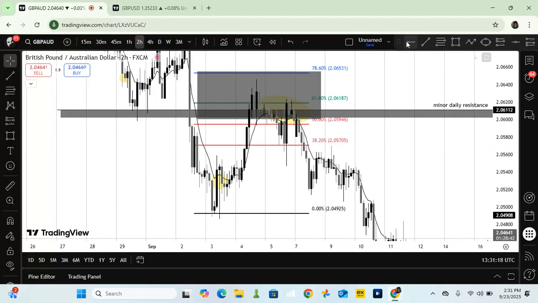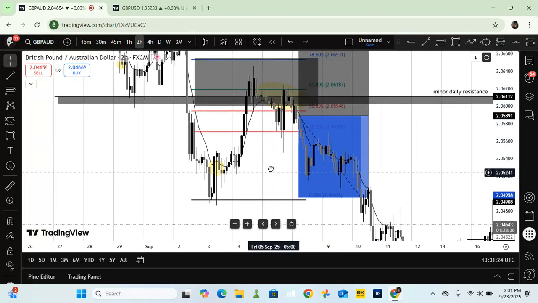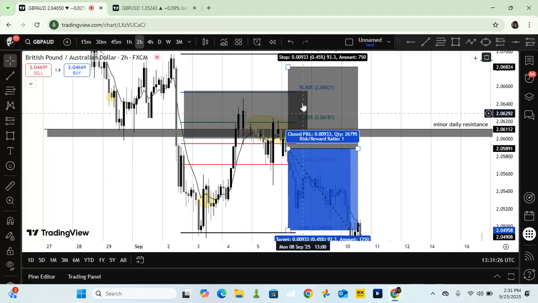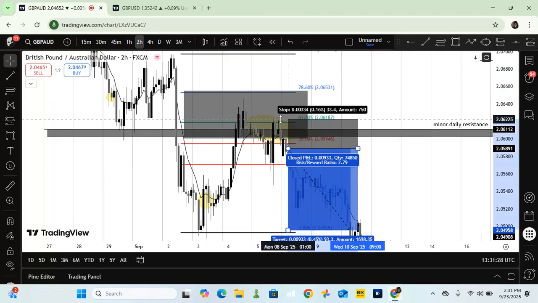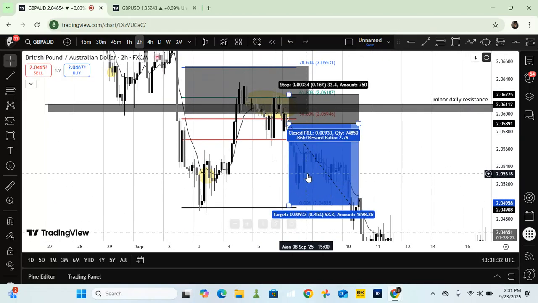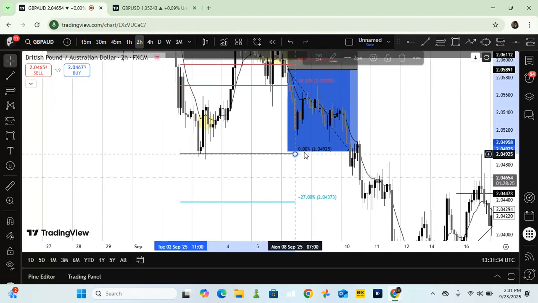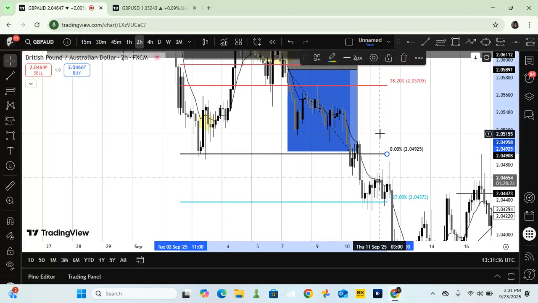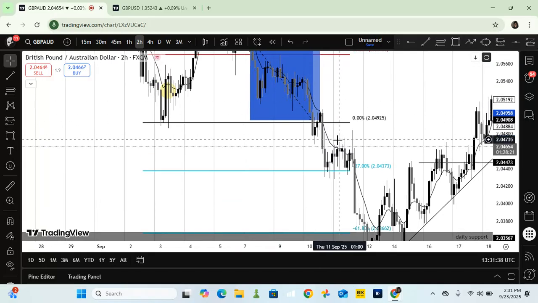It just tanked down. Now you can just enter a sell right here, sell it to this level, the 100, like I said. Then TP is here, stop loss is there. Then look at this right here, it hit the 100. It even smashed through it. So, like I told you, these are good TP zones.